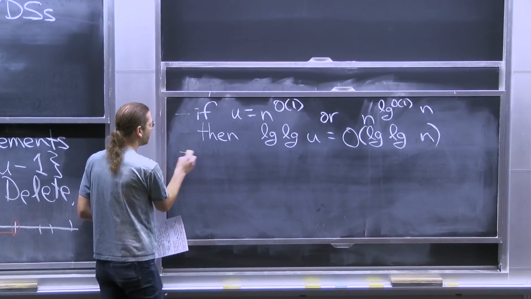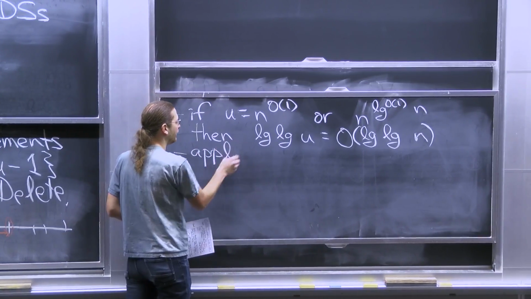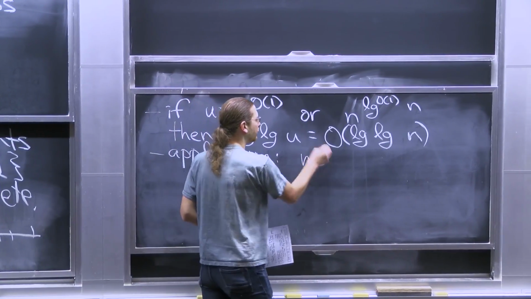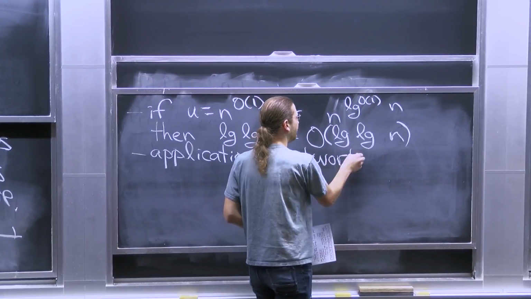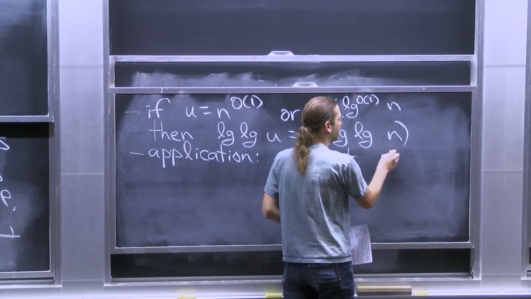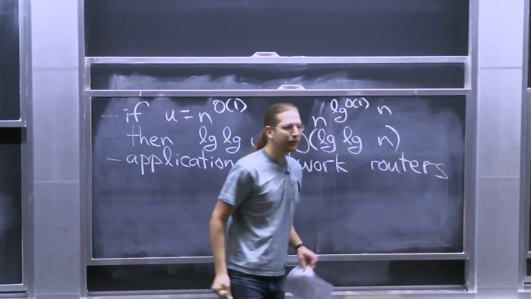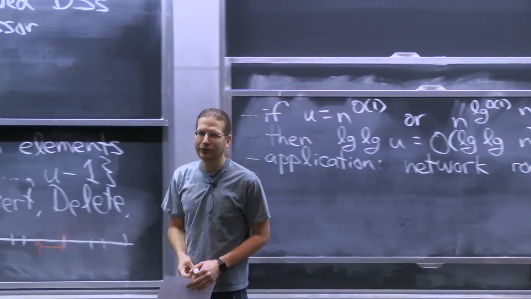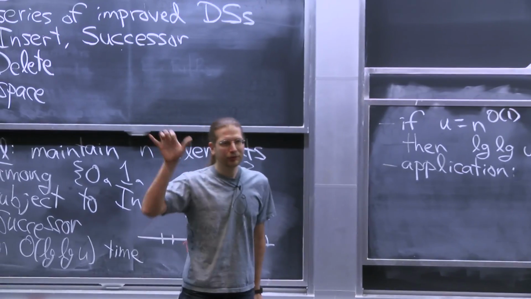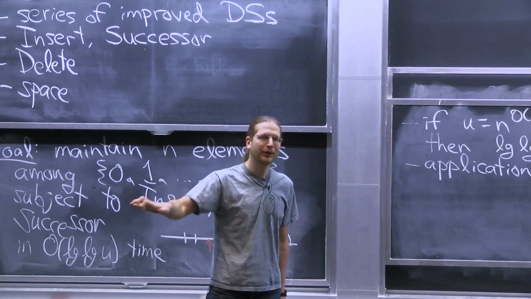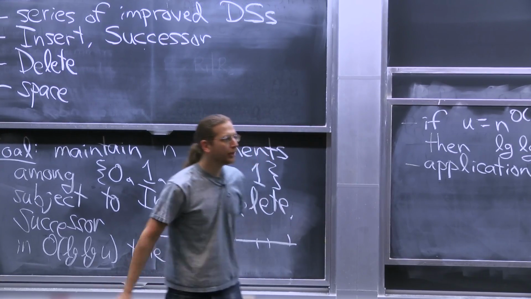One application for this, as I mentioned, is in network routers. And I believe most network routers use the van Emde Boas data structure these days, though that just changed in the last decade or so. In a network router, you have to store a routing table, which looks like: for IP range from this to this, please send your packets along this port. For IP range from this to this, send along this port.